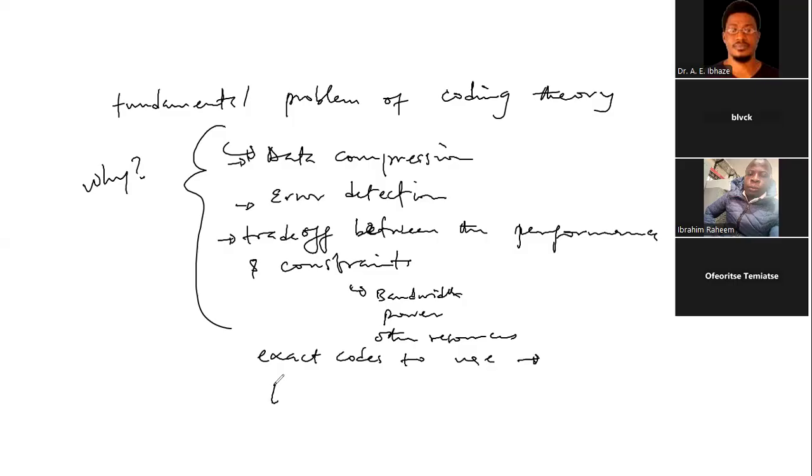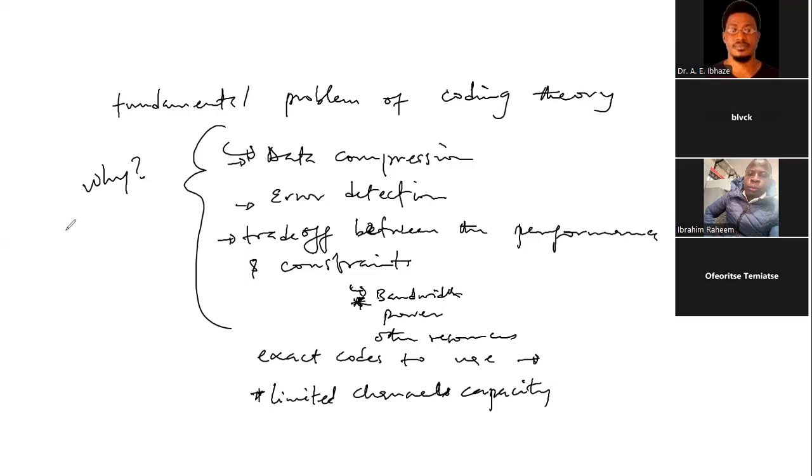Limited channel capacity comes in here because it is related to bandwidth, right? The bandwidth requirement has something to do with the limited channel capacity.